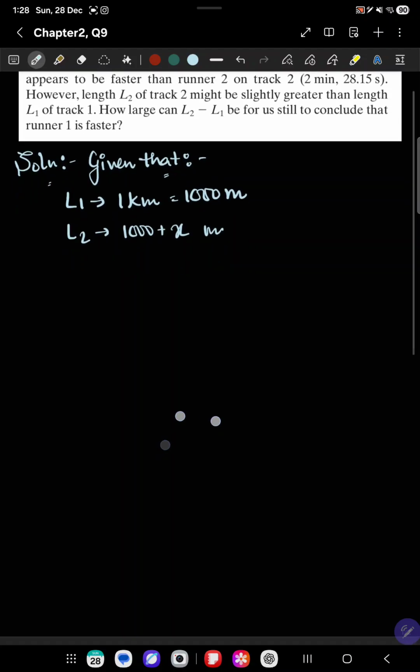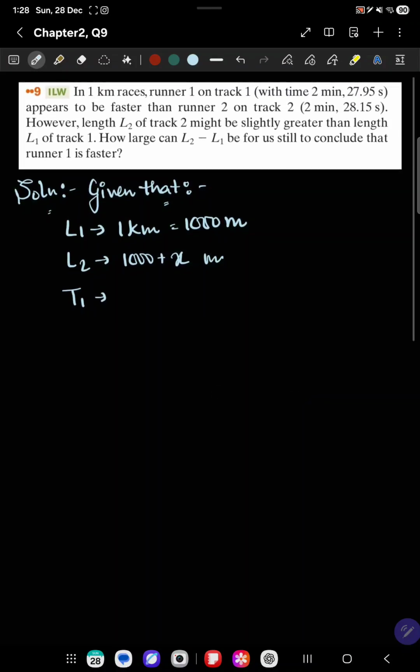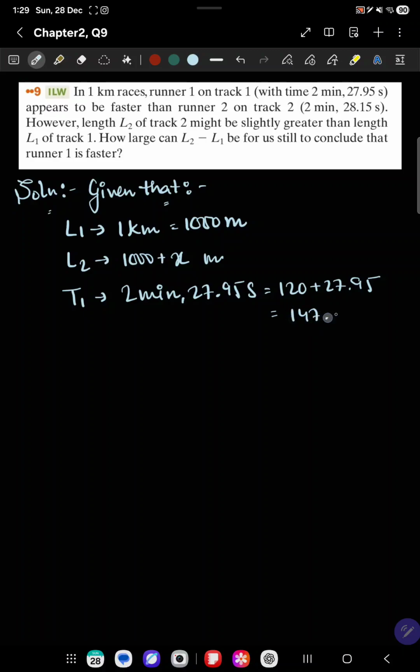Okay, now the time is given, so I am writing t1. T1 is given as 2 minute 27.95 seconds, so we can convert it into seconds, which will give us a value of 147.95 seconds, right?